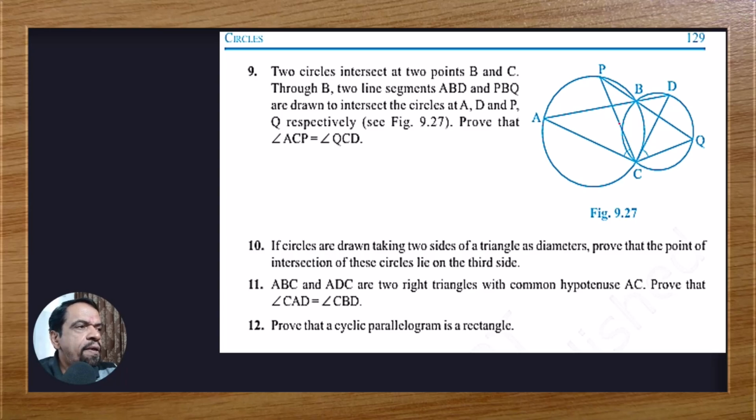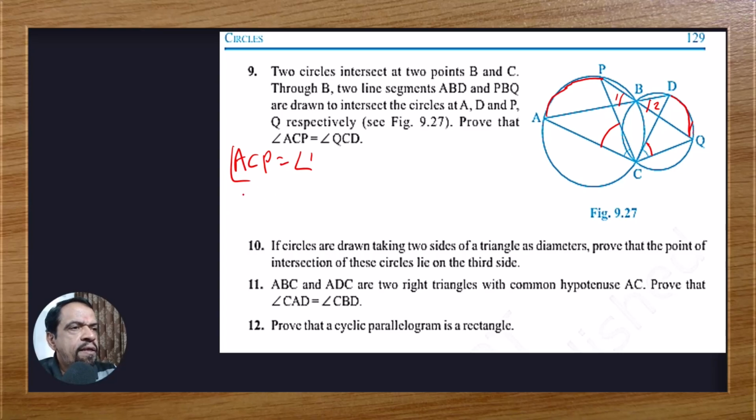Angle ACP in the bigger circle and this angle, suppose this angle is 1, are equal, angles in the same segment because they are facing the same arc AP. Similarly, in the smaller circle, angle QCD and this angle, suppose this is 2, are equal. They are facing the same arc DQ, angles in the same segment.